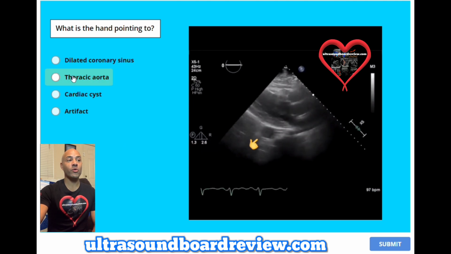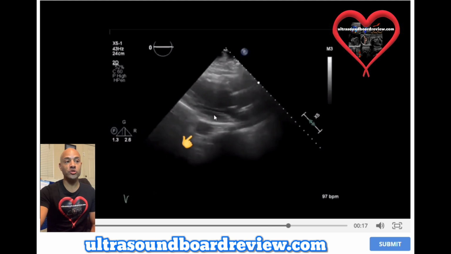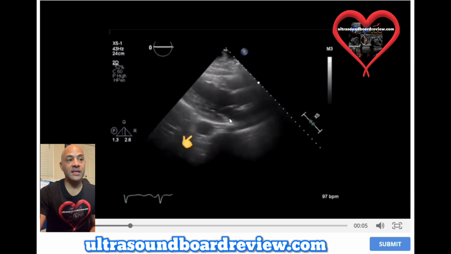The answer is B, thoracic aorta. Normally the aorta will be down here, but this patient has a tortuous thoracic aorta. And a way you can rule out a coronary sinus is that the coronary sinus usually lies around this area.